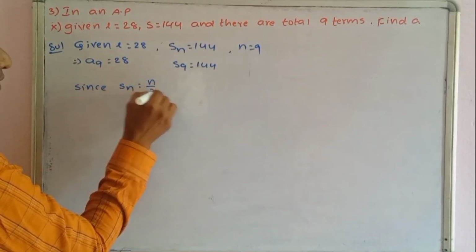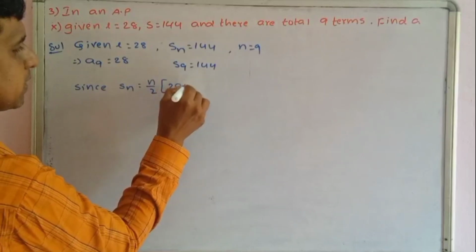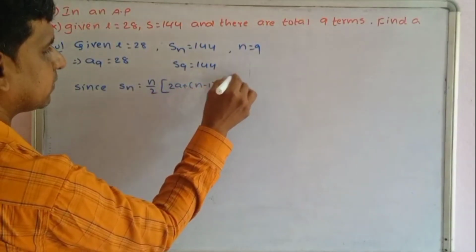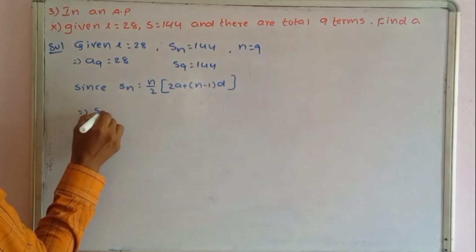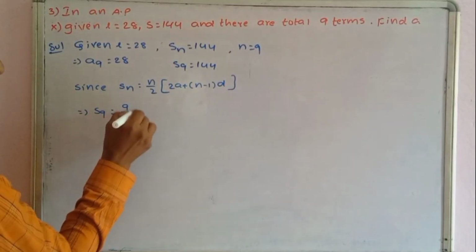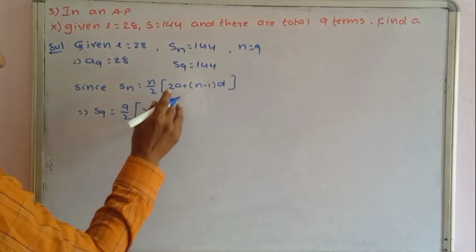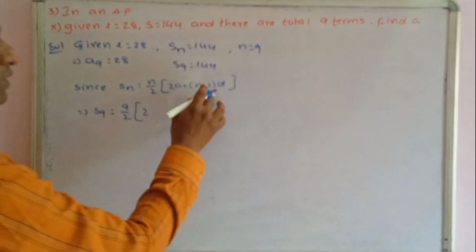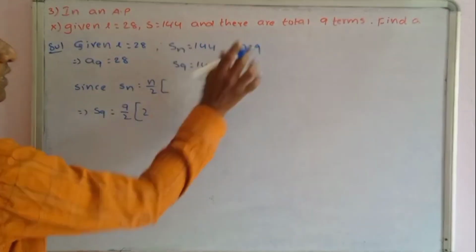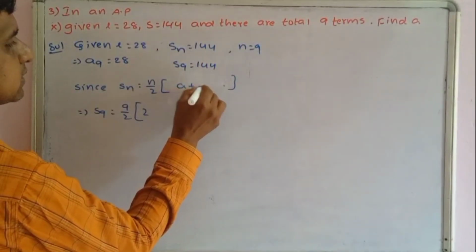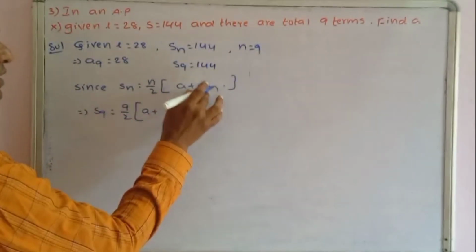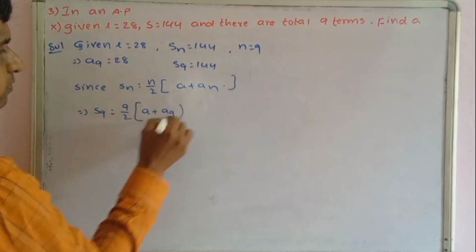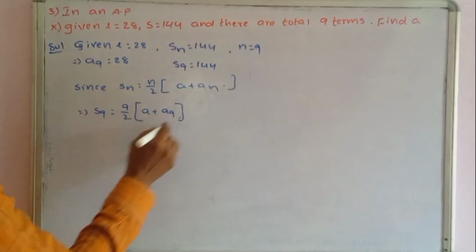Sn equals to n by 2 into 2a plus n minus 1 into d. This is one formula, and one more formula is there, that is n by 2 into a plus an. Here a is the first term, an is the last term, so a9. This is another formula.